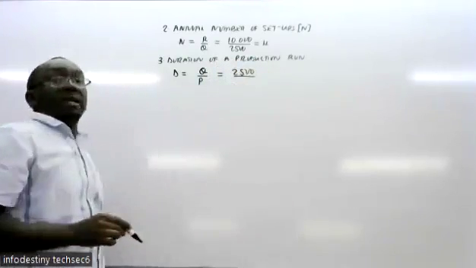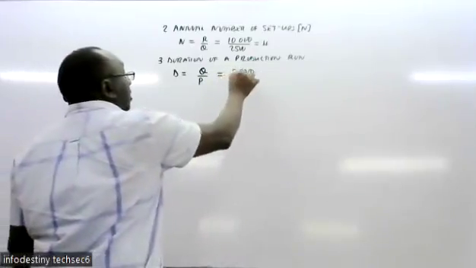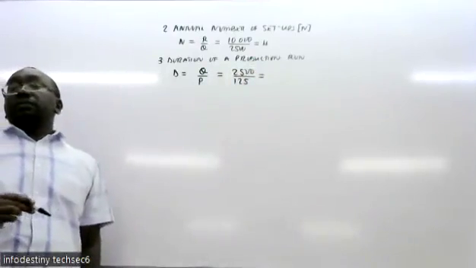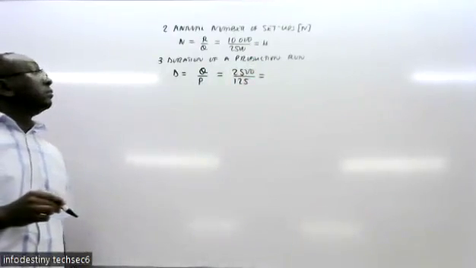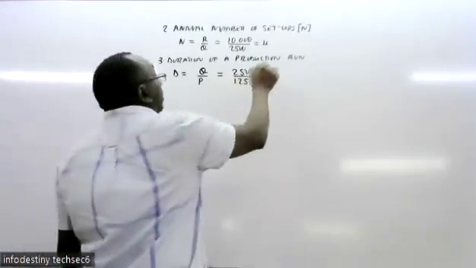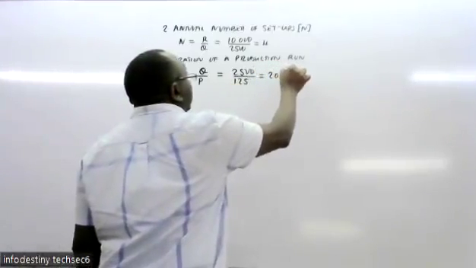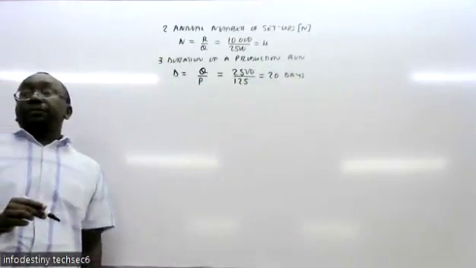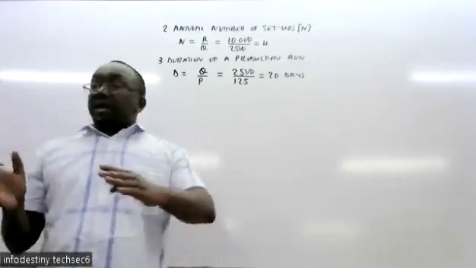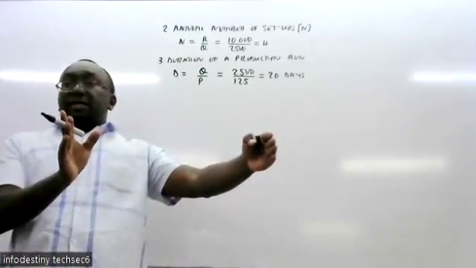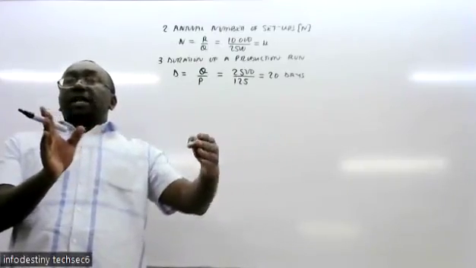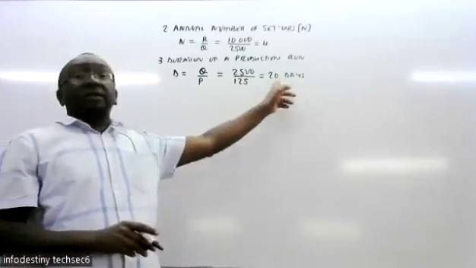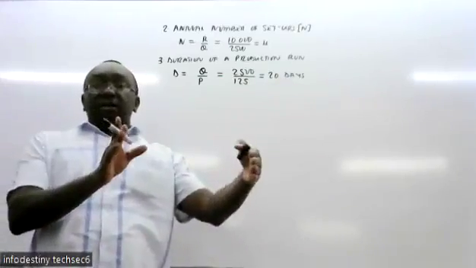Our P is 125. That is now 20 days. Because tumesema in a production run tunataka to produce 2500 units na kila siku tunatengeneza 125. So itabidi tufanye kazi how many days? That is 20. So that after 20 days we have our 2500.